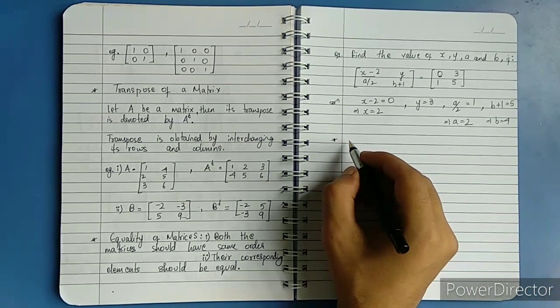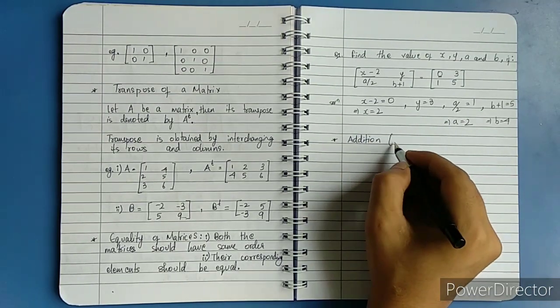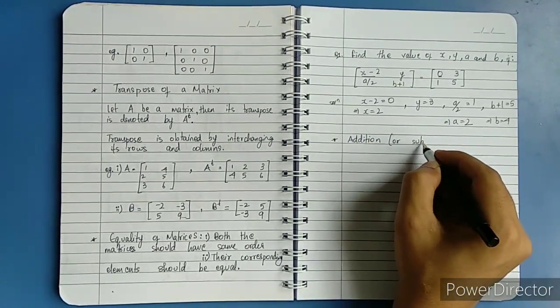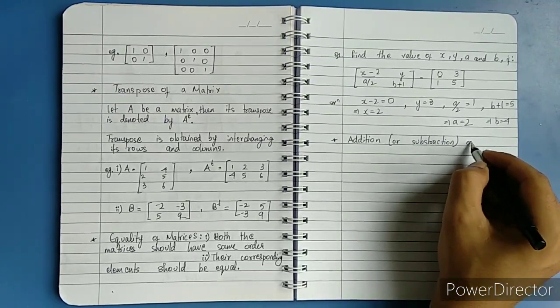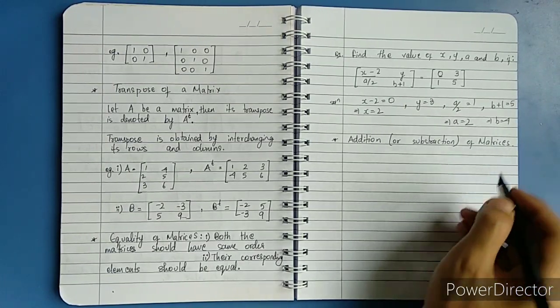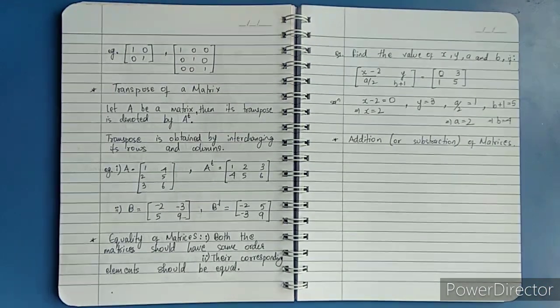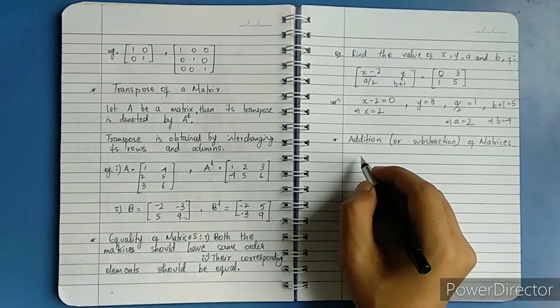Next topic is addition or subtraction of matrices. There is one rule that you need to remember for addition or subtraction of matrices, that their order must be the same.